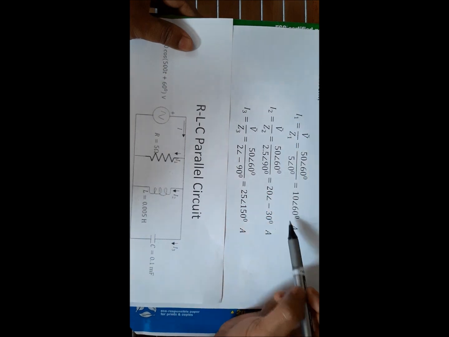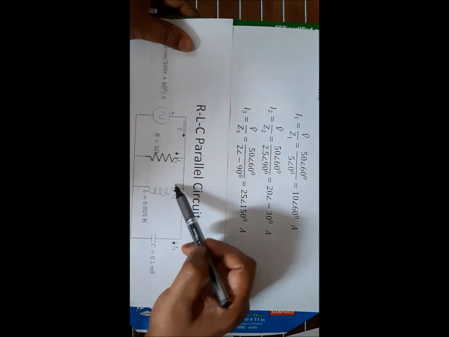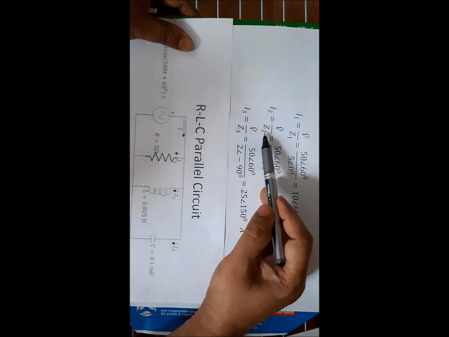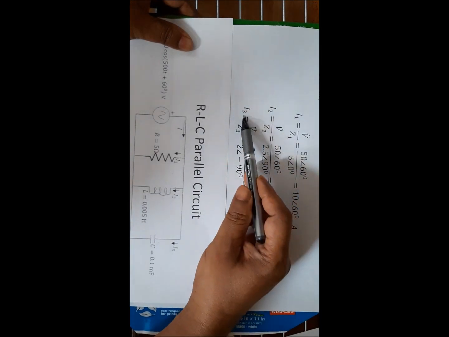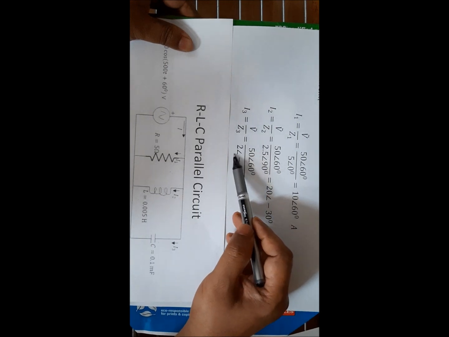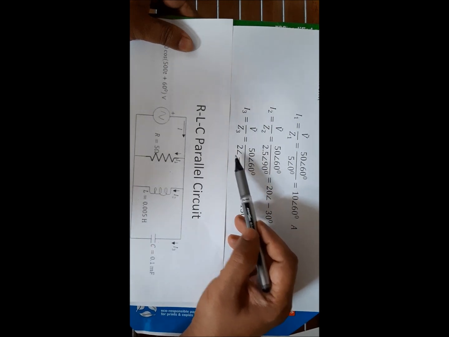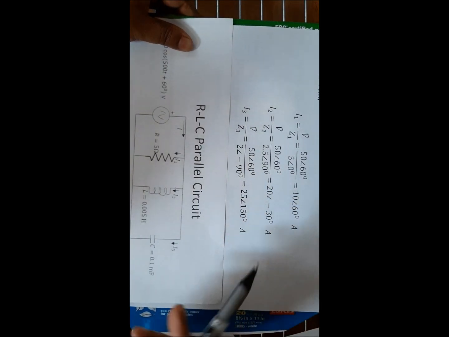So voltage over Z1 is the current, and similarly current in this inductor is voltage over the impedance of the inductor. And the current in this branch will be voltage over the reactance of the capacitor. Get the current.